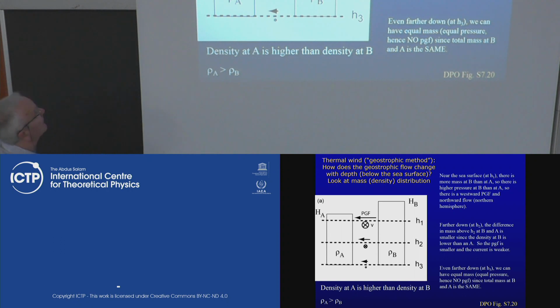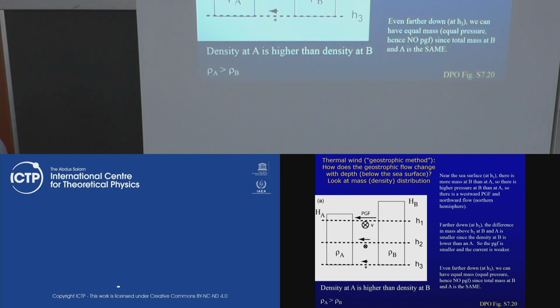So the thermal wind relationship is the geostrophic method, which tells us that in the case of a vertically homogeneous fluid, a barotropic fluid, the vertical shear, the vertical gradient of horizontal velocity, is 0.